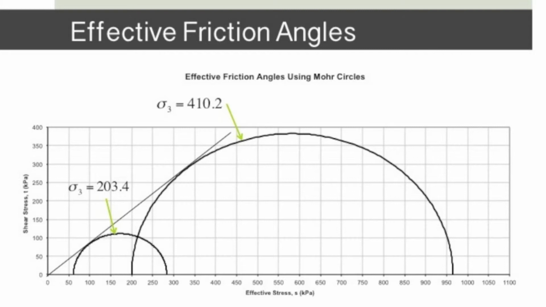To make this construction, we will look at the 410.2 kPa confining stress circle as an example. We first plot the point defined by the effective stress and shear stress at failure, which is the green arrow indicator. Next, select the largest effective stress point, maximum principal stress, which in this case was approximately 965 kPa.